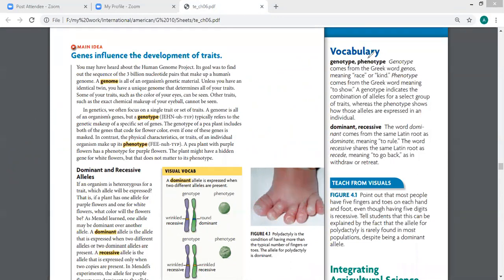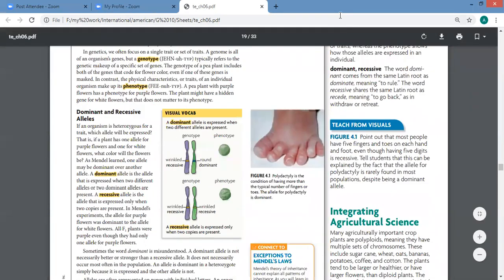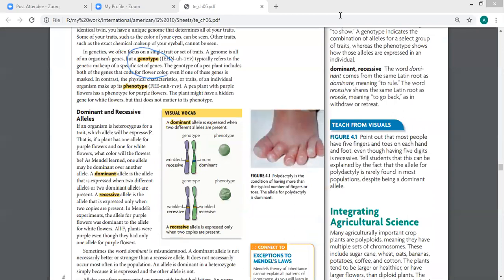And at the end, again, what are genotype and phenotype, and dominant and recessive? You must know that dominant traits or dominant alleles are not better or stronger than recessive.